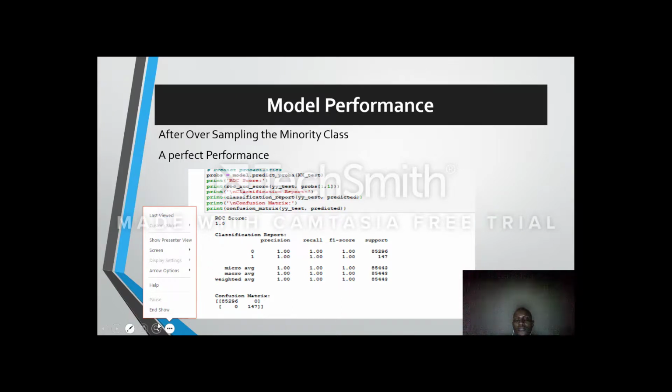Out of the 147, you can see that we have all the data, even the confusion matrix is indicating here.